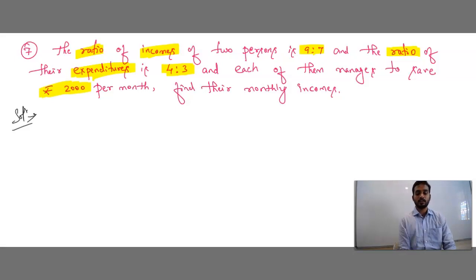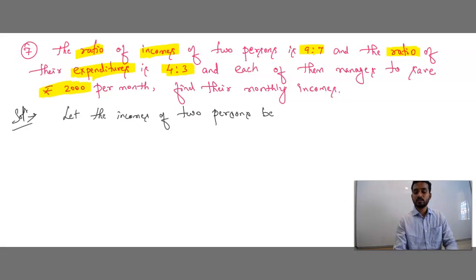We need to calculate. Now we do one thing. We assume let the incomes of two persons be rupees 9x and rupees 7x.